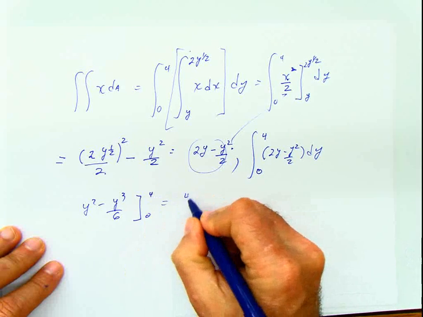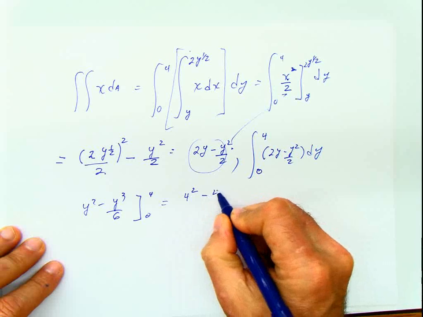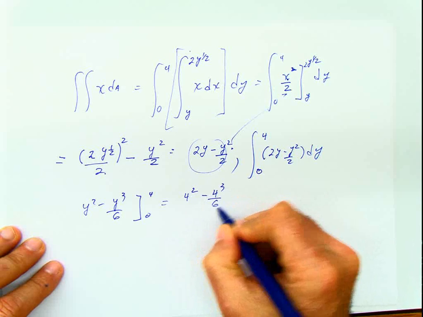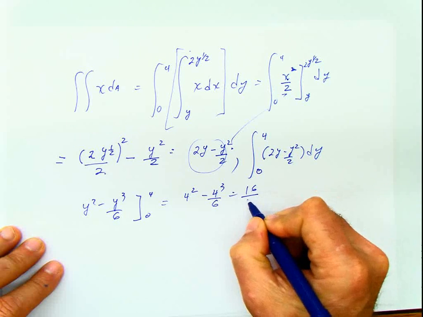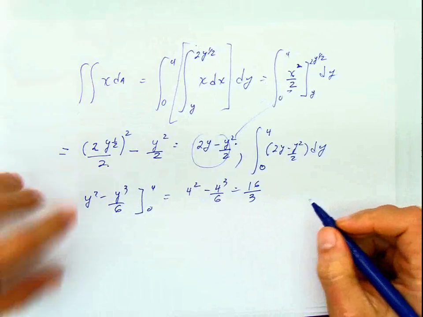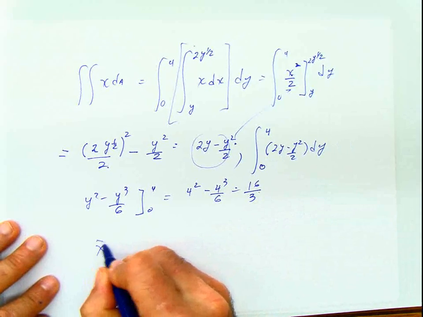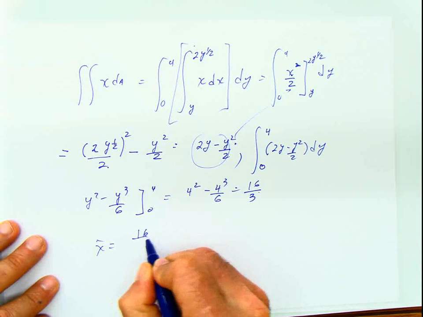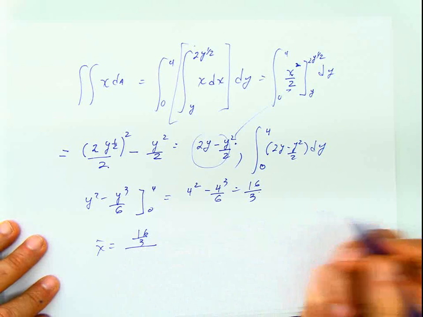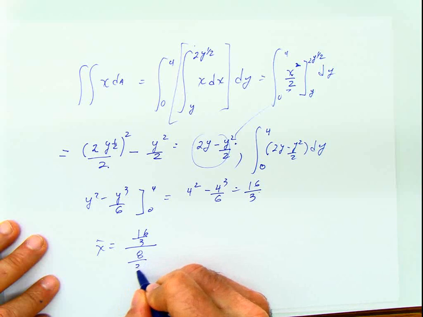This is 4 squared minus 4 to the third divided by 6. This is 16/3. And remember, this is the top part of the integral, so our x bar is going to be 16/3 divided by the area that we calculated before, which is 8/3.